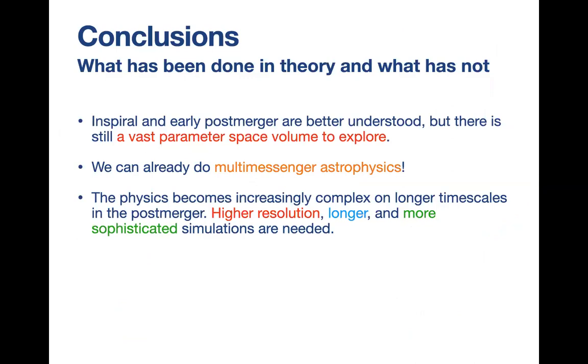But in principle, the physics there is under control because the evolution is driven by gravitational wave emission. I didn't show the amplitude of the signal after merger, but the luminosity is in the 10^55 ergs per second range. So there is no other mechanism that can really compete with that. So this is something we can address with simulations, and we can use already to do multi-messenger astrophysics.